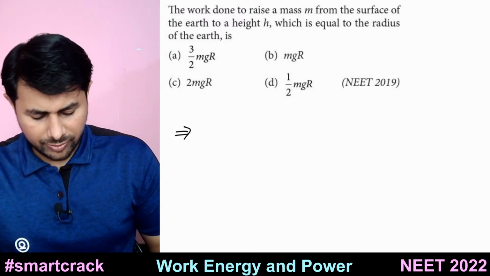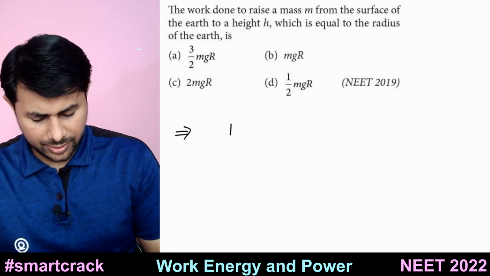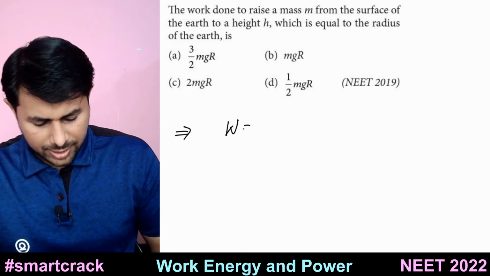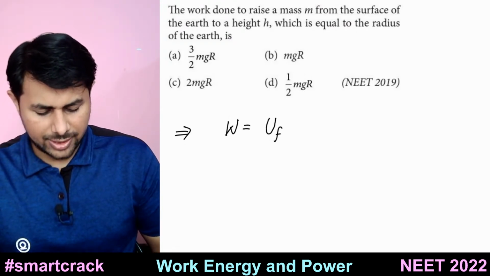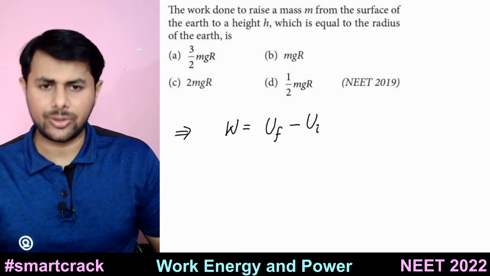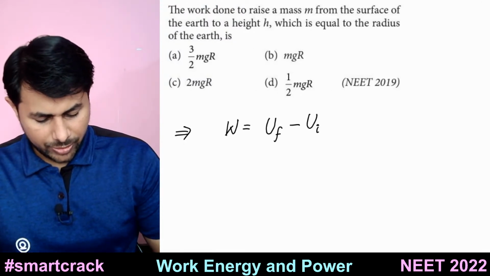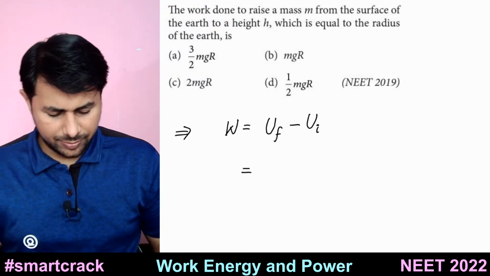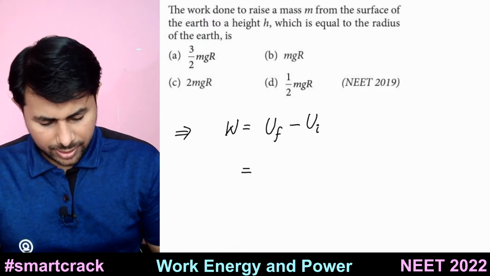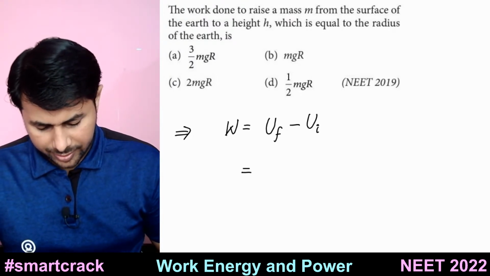Okay, so what is work done? Work done is equal to final potential energy minus the initial potential energy. Okay, so we know the formula for potential energy. It is raised from Earth's surface, right?